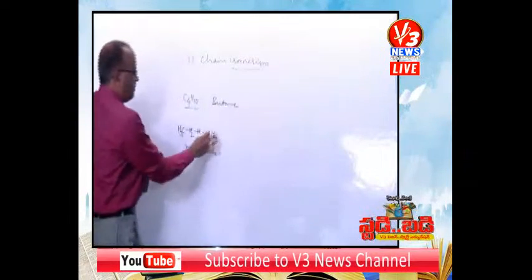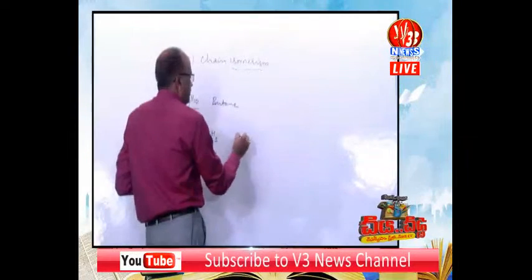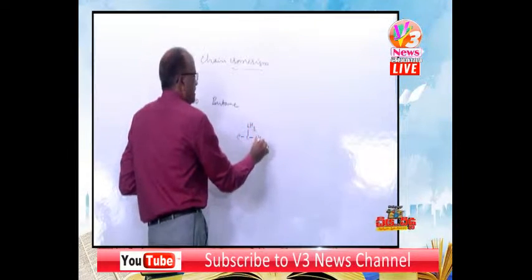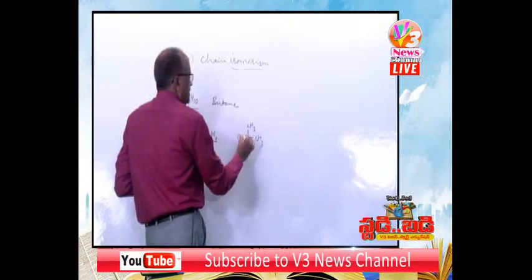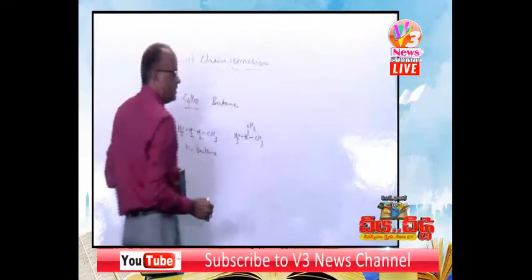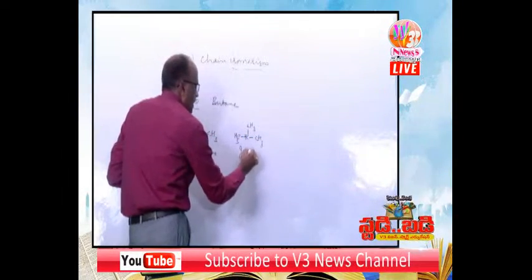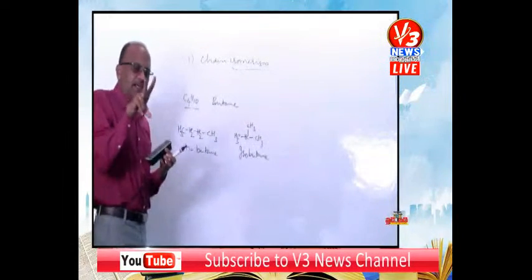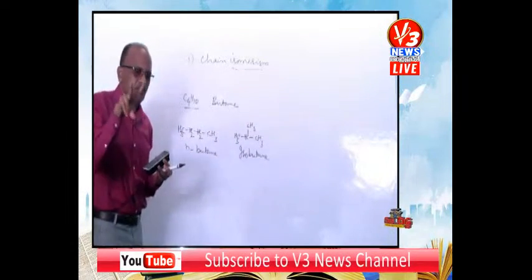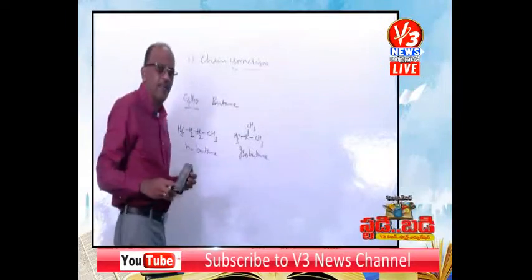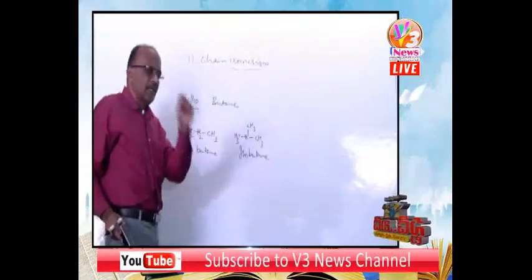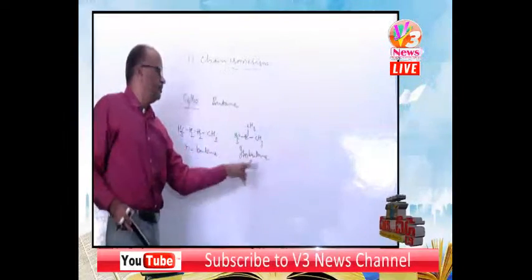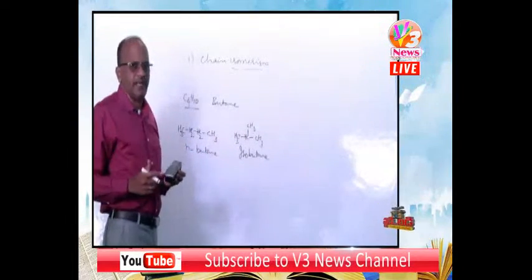And I shift one carbon to this middle carbon, then it becomes CH3, CH3, here CH3, and this is known as isobutane. Iso, if it is like fork like structure, fork like means if there is a methyl group at second carbon from one end, it looks like a fork, then it is called isobutane.